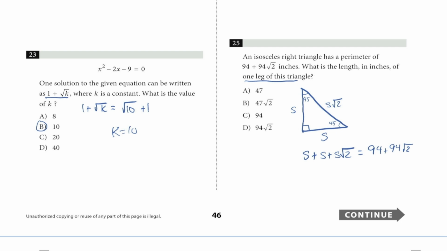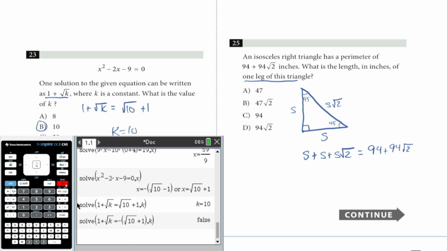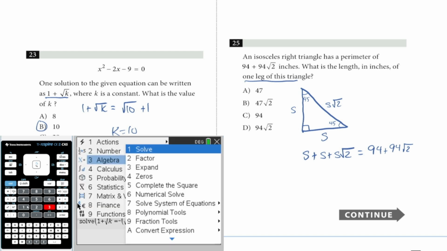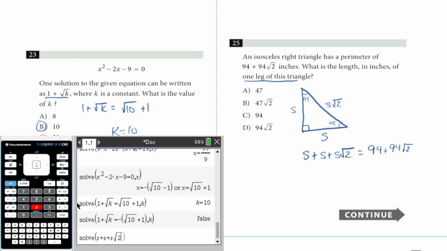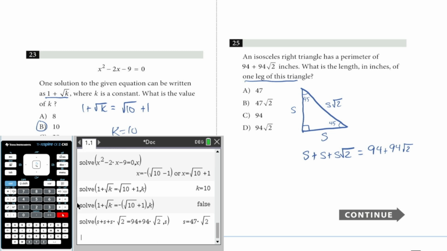We'll pull up our calculator, and we'll do menu 3, 1: S plus S plus S square root of 2 equals 94 plus 94 square root of 2, comma, S. So we get S is 47 root 2.